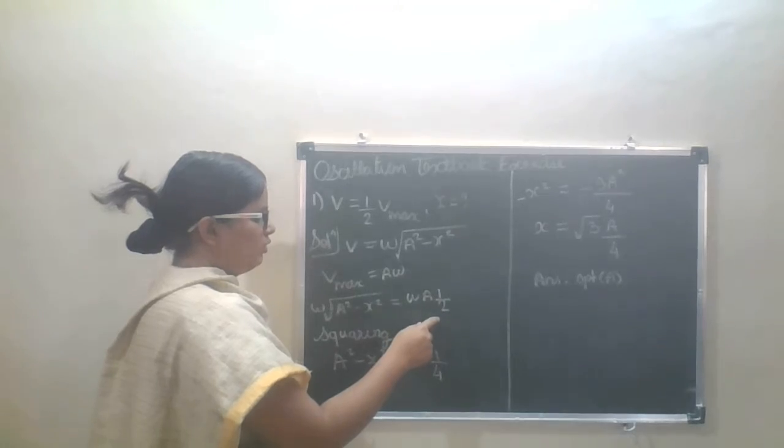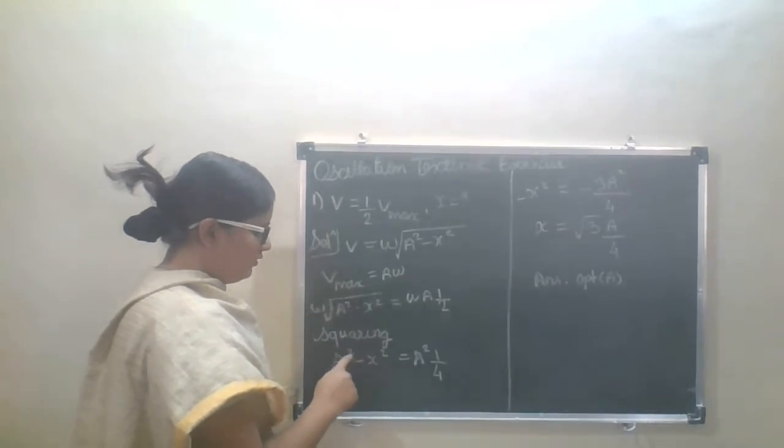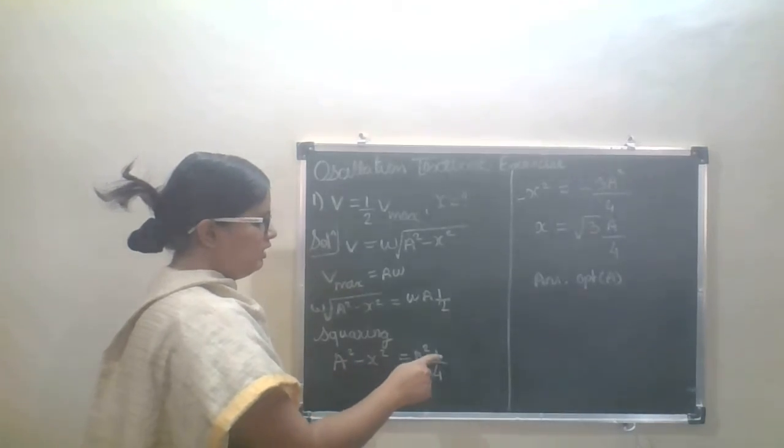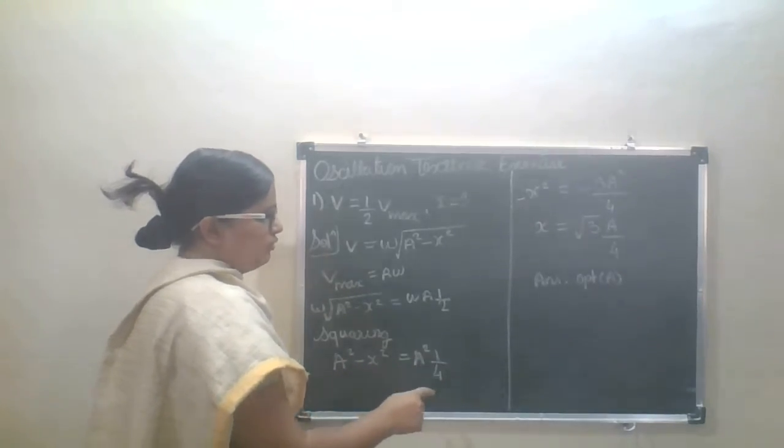Putting this value, omega under root a square minus x square is equal to omega a into 1 by 2. Then squaring, a square minus x square is equal to a square into 1 upon 4.